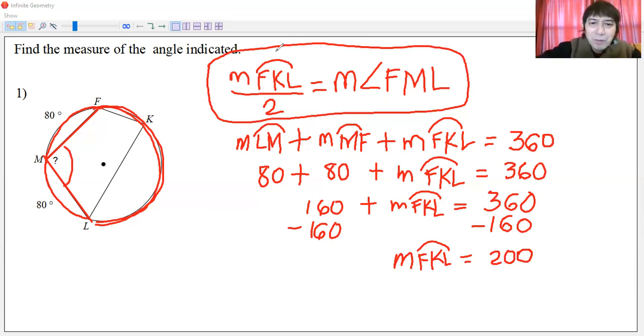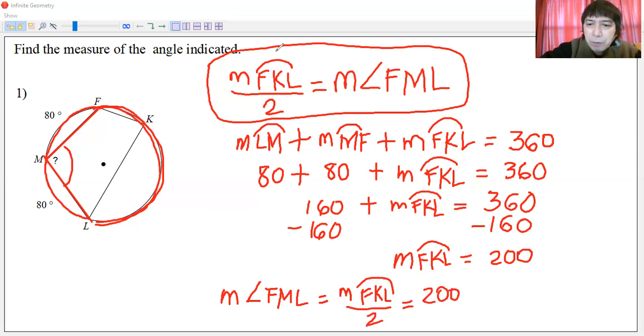So we have here the measure of the angle FML, the angle with a question mark, is equal to arc FKL, which is 200, divided by 2. So this is 200 divided by 2, and this is just 100 degrees. That's the answer.